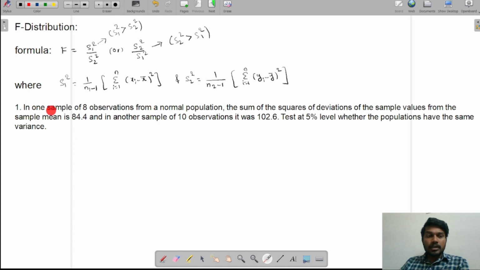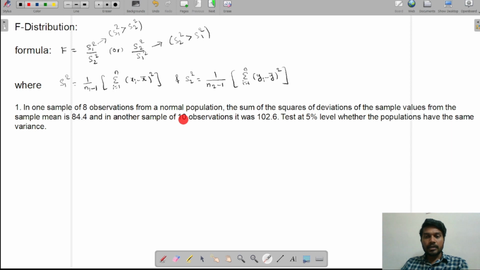In one sample of 8 observations from a normal population. So can I say this is the size of the first sample? Because he says in one sample of 8 observations, and here he says in another sample of 10 observations. So this is about the first sample, and these values are about the second sample.